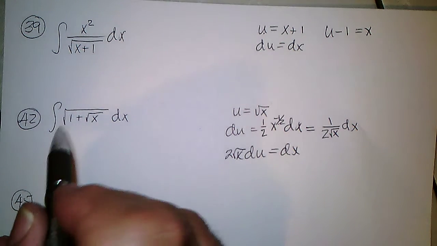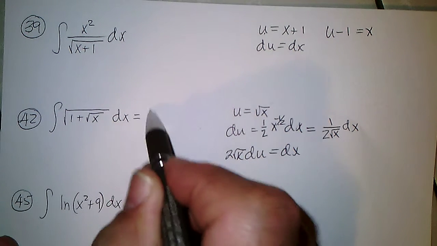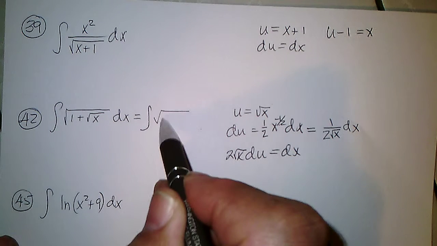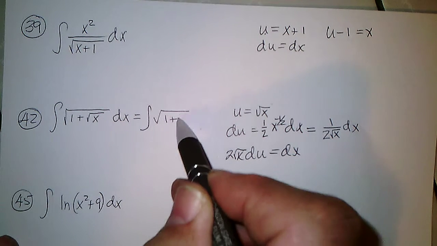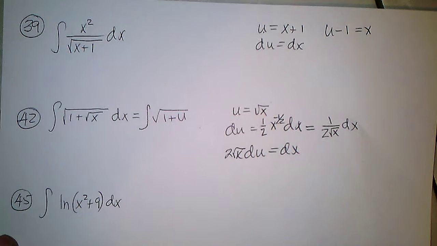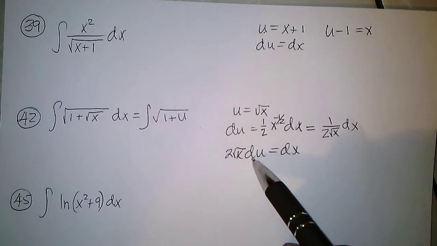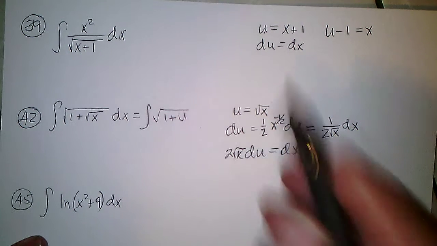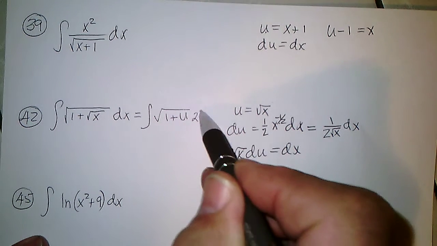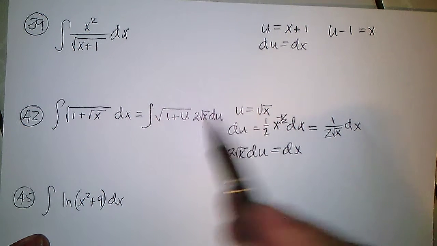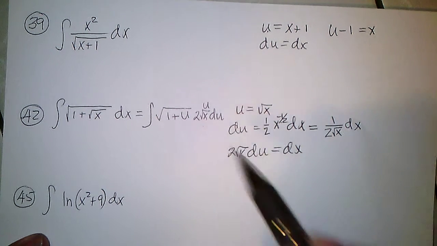And so this would become the integral of square root of 1 plus u. That's what this would become. And then we'd have times 2 square root of x du, but the square root of x is just u.